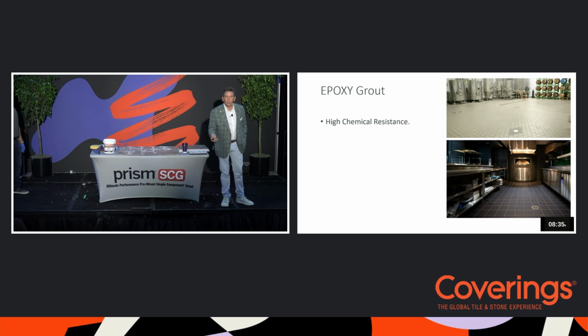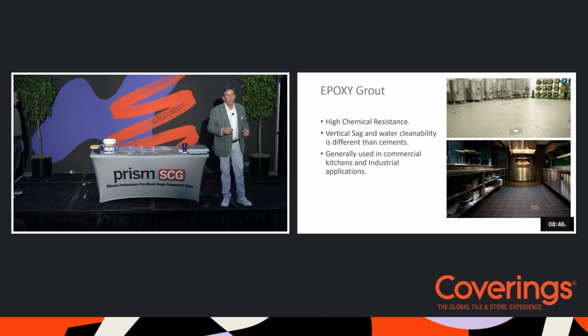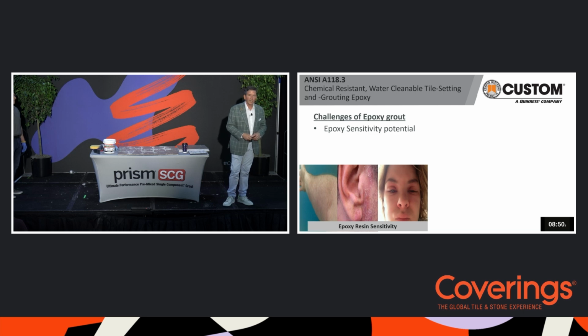So high chemical resistance with epoxies, some vertical sag performance when used, but is typically used in commercial kitchens because of the chemical resistance, but has broadened in use because of its stain resistance. However, the challenges with it are the potential for allergic reaction or sensitizations.